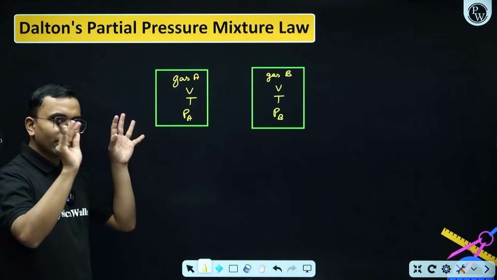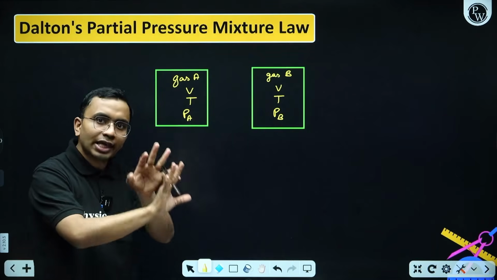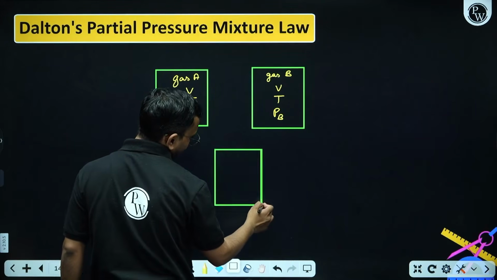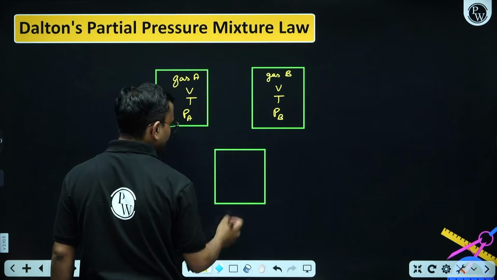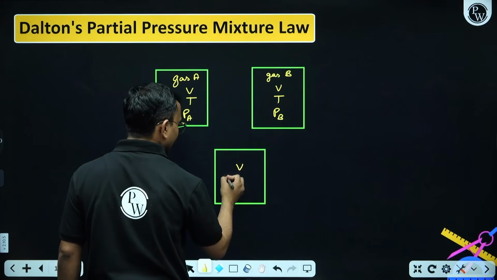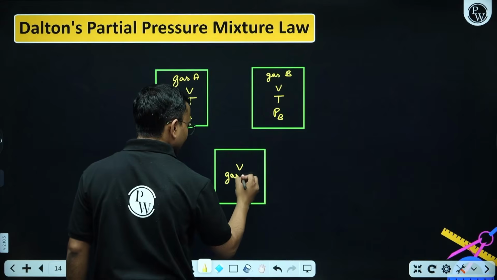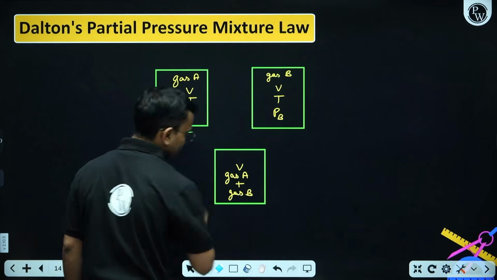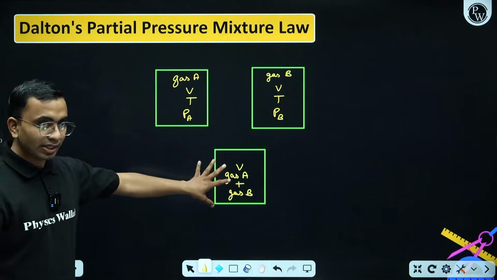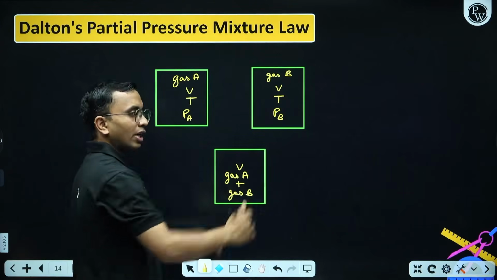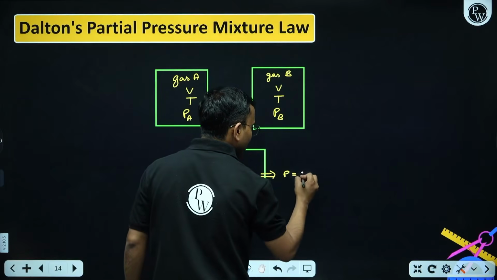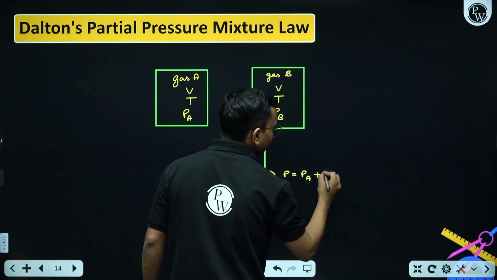Now if I put these two gases in the same container having the same volume V, here I have gas A plus gas B. In one container I put these two gases, then the pressure of this container will be equal to the individual pressures.